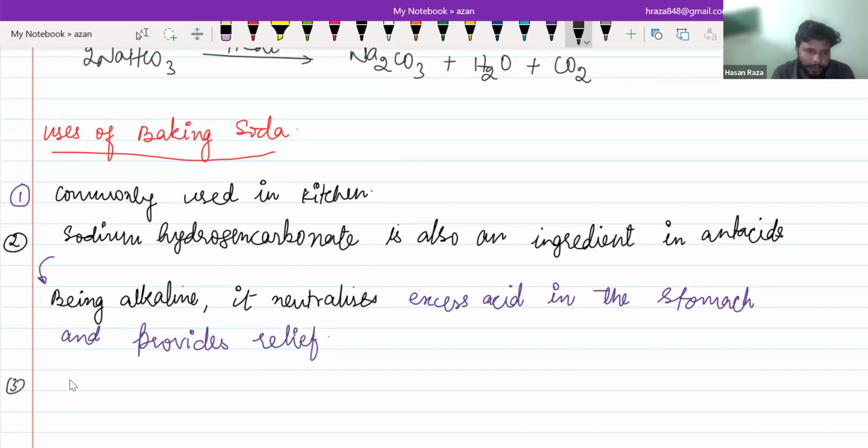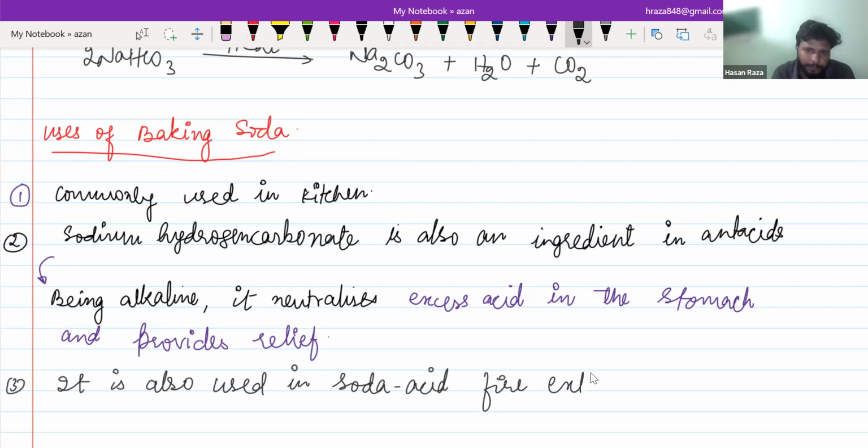Third point we can write. It is also used in soda acid fire extinguisher.